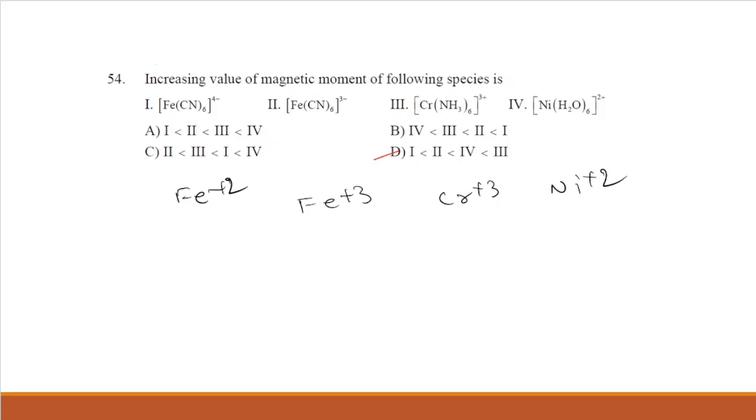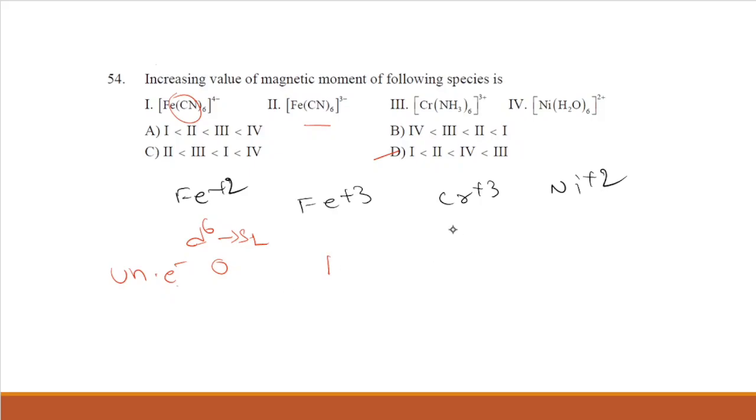Here, if we consider the configuration, 4s2 3d8 after losing 2 electrons converts into d6 configuration. With a strong ligand like CN minus, the electrons will be paired up, so the number of unpaired electrons is 0. The number of unpaired electrons for Fe plus 3 is, even after the strong ligand influence, one electron remains, so unpaired electron 1.